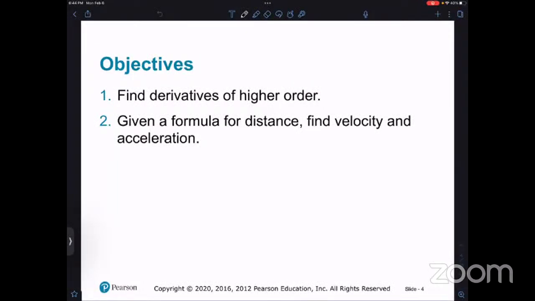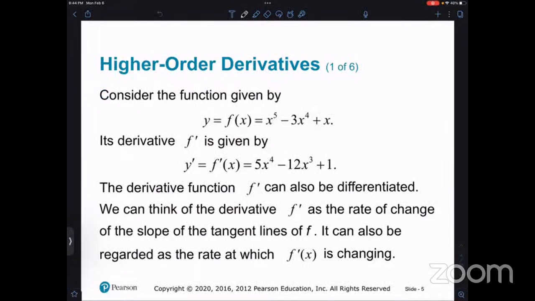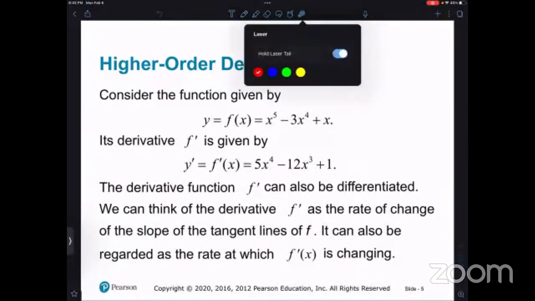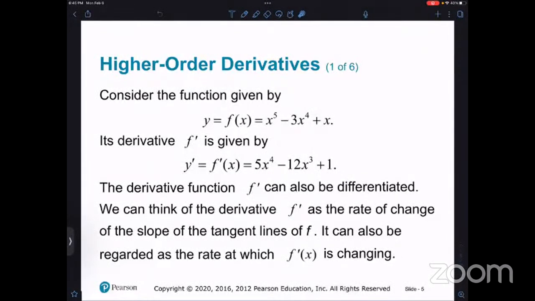Okay, so higher order derivatives. We'd like to consider the function given by this guy, right? We have this trinomial. Its derivative is going to be, the power comes down and then subtract 1, and we get this result.